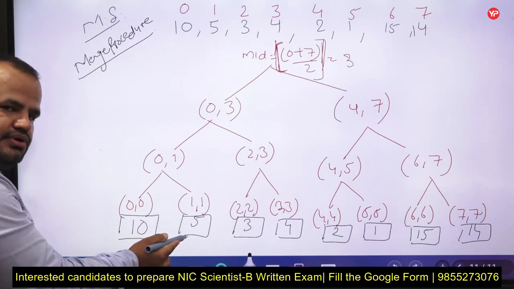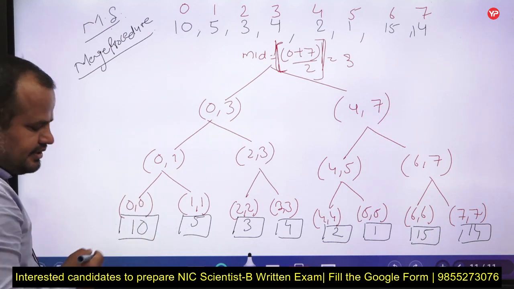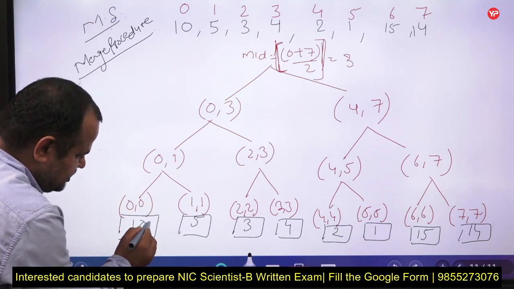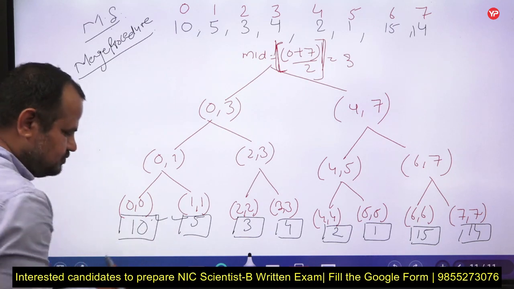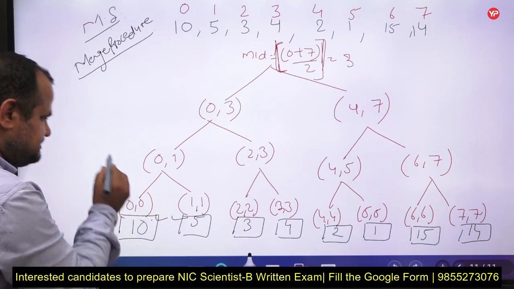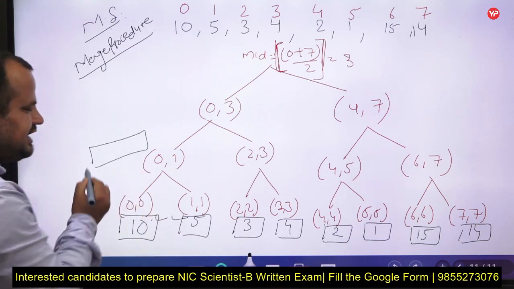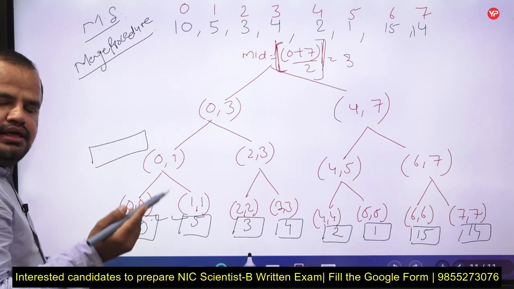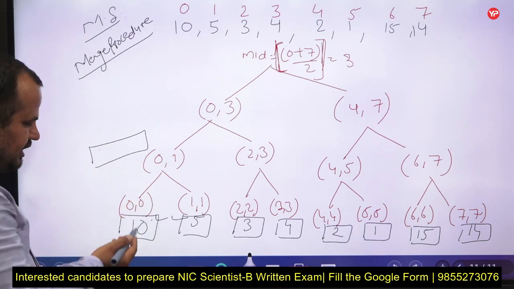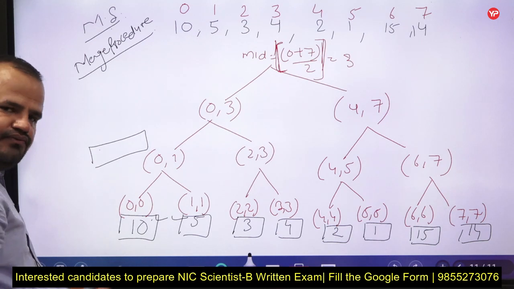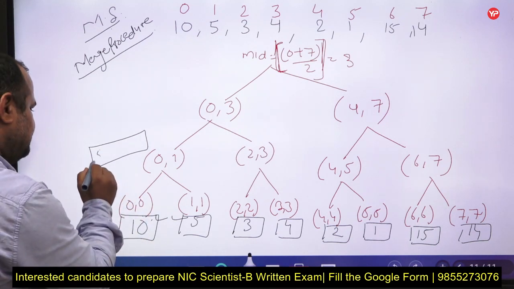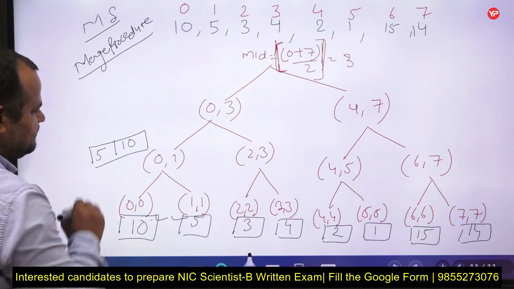Again this array has only a single element, so it is sorted. To merge these two sorted subarrays into a new array, the maximum number of comparisons is m plus n minus 1. Here m is 1, n is 1. It means the resultant output is 5 and 10.